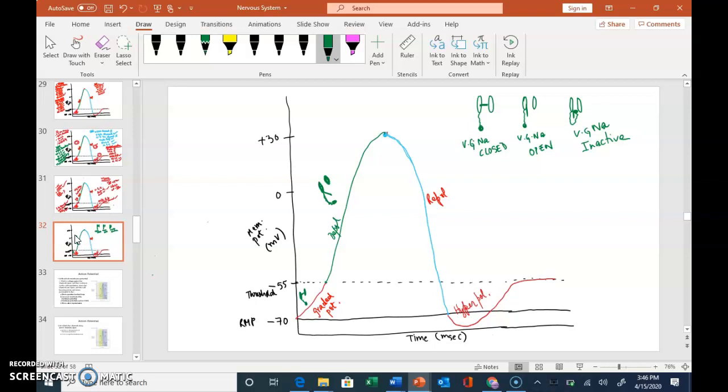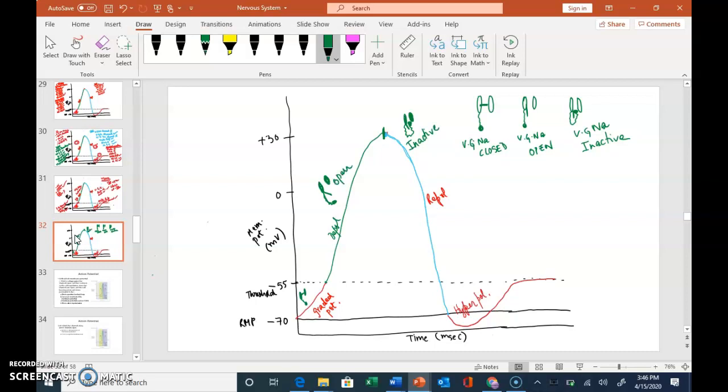Okay, what happens here? At the peak, the voltage gated sodium channels are inactivated. Sorry, I said deactivated. So here they are inactive.